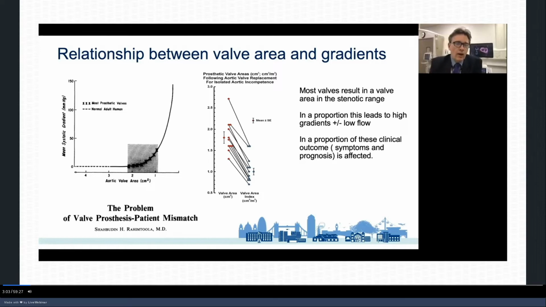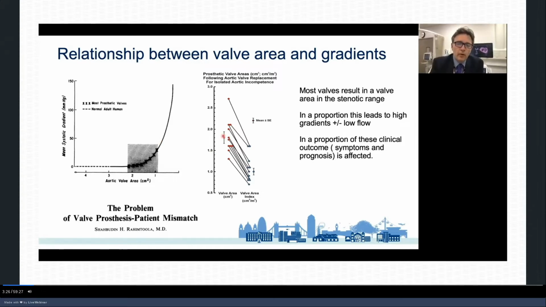If you look at this graph, you can see that the valve area achieved during surgery does fall into this 1 to 2 centimeter squared area, which is conventionally aortic stenosis, and some of it below 1 centimeter squared. The result is a pickup in the aortic valve gradient and ongoing obstruction.